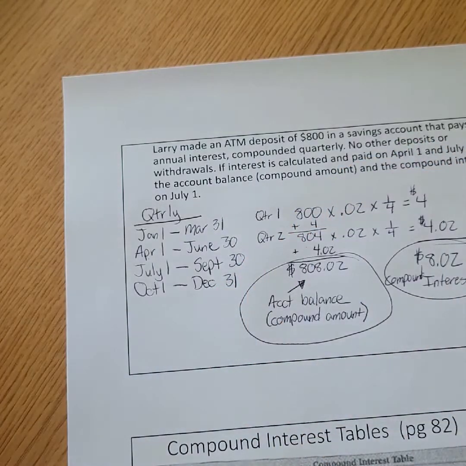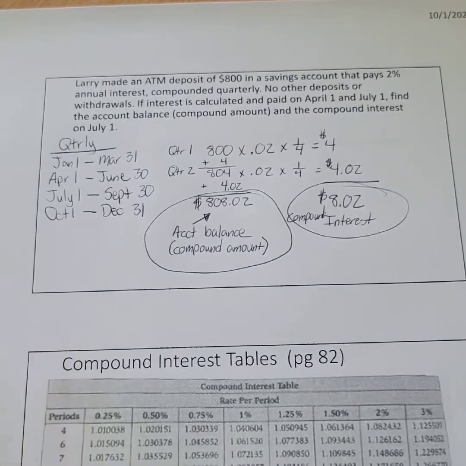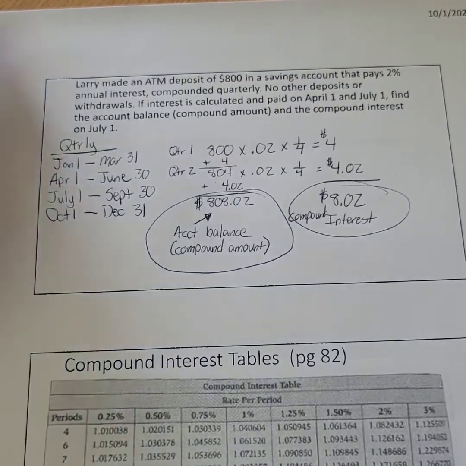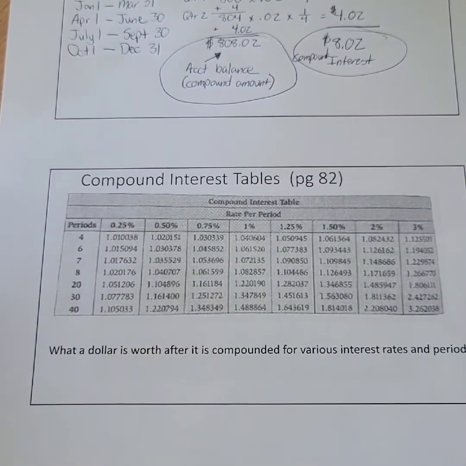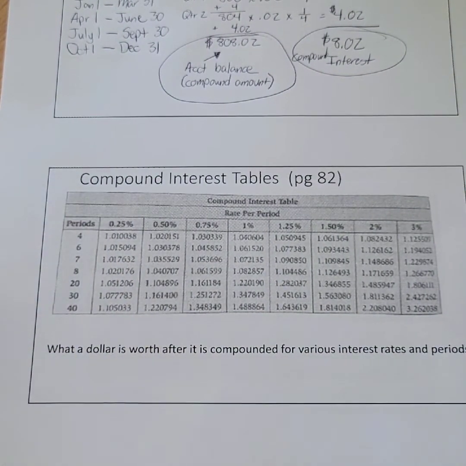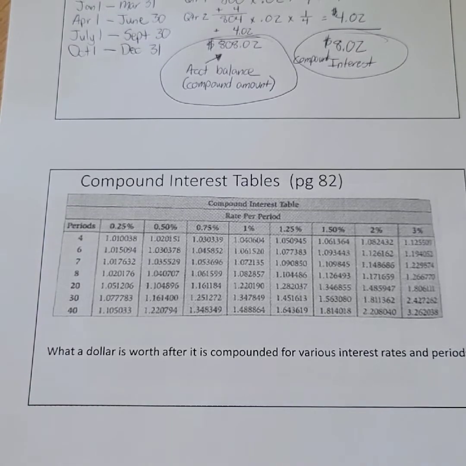So those are the two things it actually asks for, okay? All right, so now we have compound interest tables. These are on page 82.